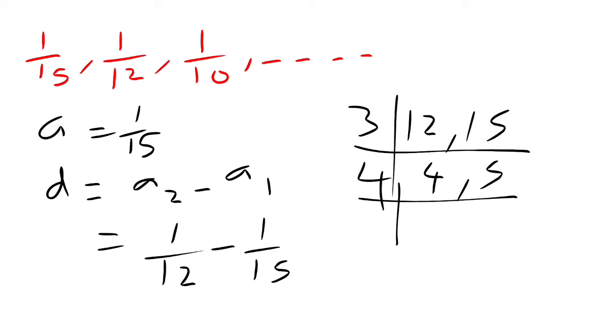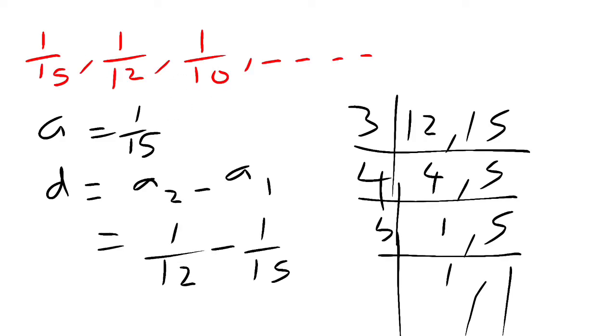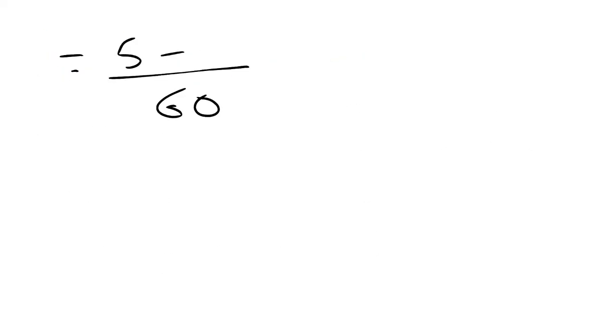Next to 4 table 1 and here 5. Next to 5 table 1, 1, 1. 5 fours are 20, 3 twenties are 60. So the LCM is 60. In 60, 12 table 5 times, and 60 in 15 table 4 times. 5 minus 4 is 1 by 60.